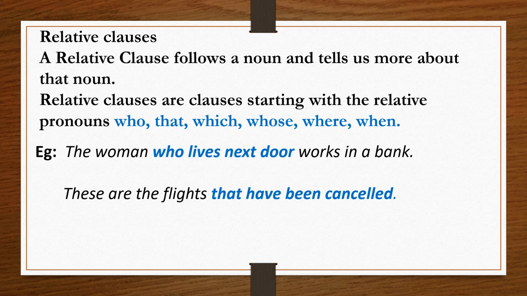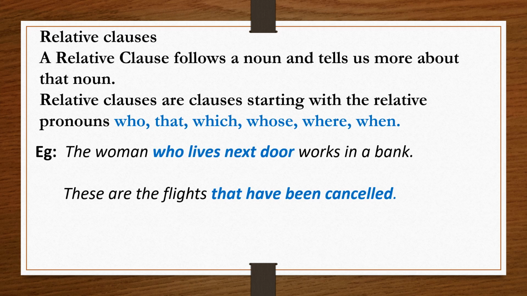Let's move to the second sentence. These are the flights that have been cancelled. The group of words that have been cancelled is a relative clause. It begins with the relative pronoun that. This group of words follows after the noun flights.